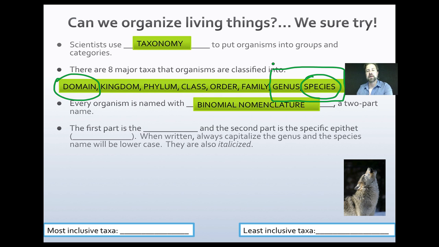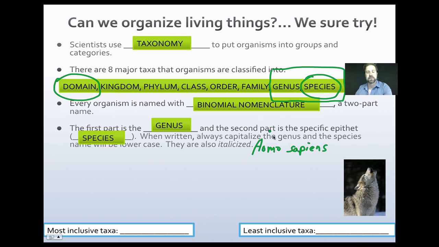The first part that we use is the genus. The second part is the specific epithet, or we call it the species name. And we just say those 2 things when we represent an organism. They're also italicized. So if we think of a human being, we know that it's a Homo sapien. We would just write capital H-O-M-O and then sapien in lowercase.